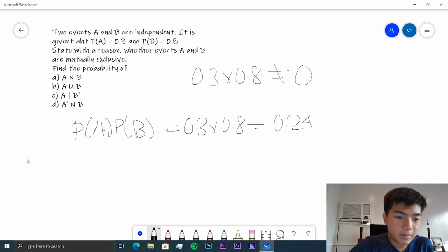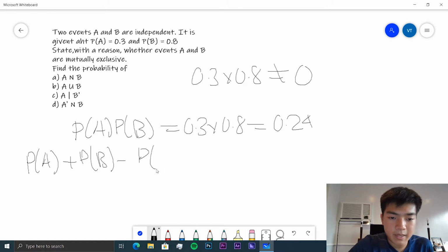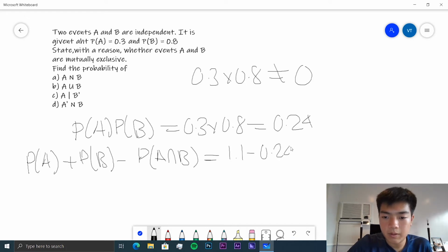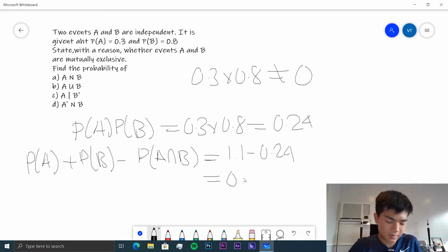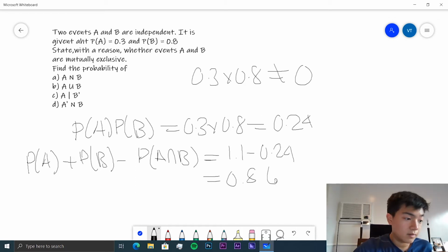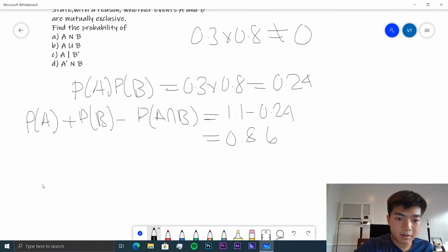Now A union B is equal to the probability of A plus the probability of B minus the probability of A intersection B. This is equal to 1.1 minus 0.24, which is equal to 0.86. Yeah, 0.86.